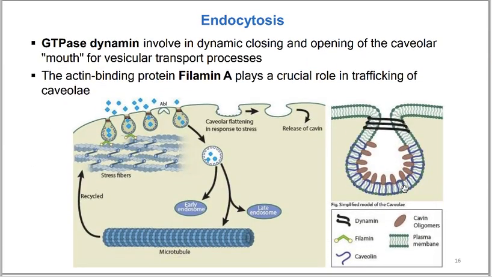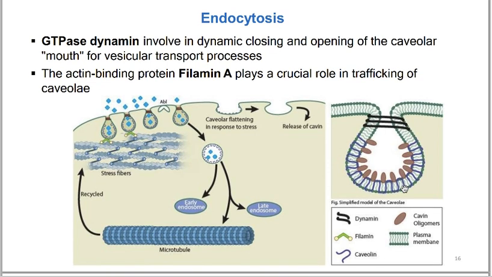The GTPase dynamin plays a very important role to make a cave. Here, this is the dynamin, and it is involved in dynamic closing and opening of the caveolar mouth for the vesicle transport process.